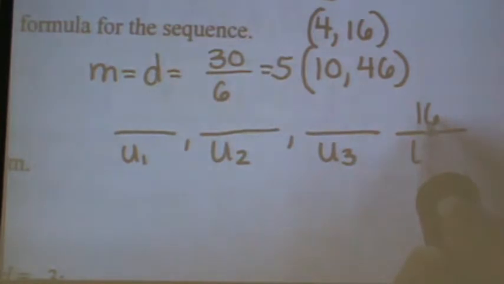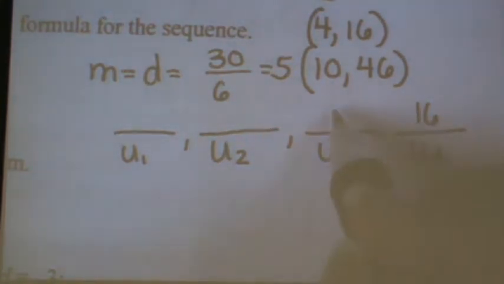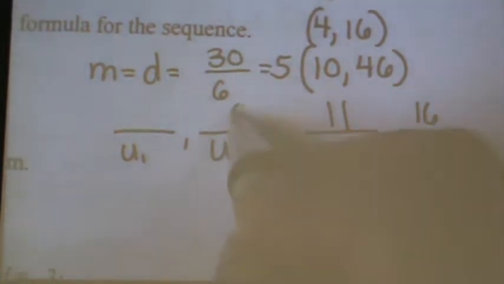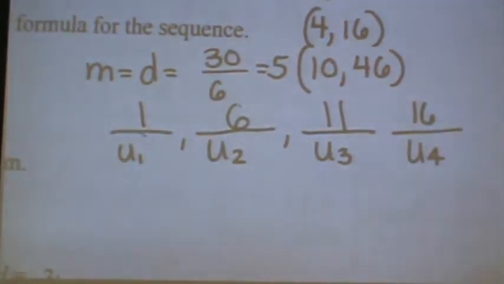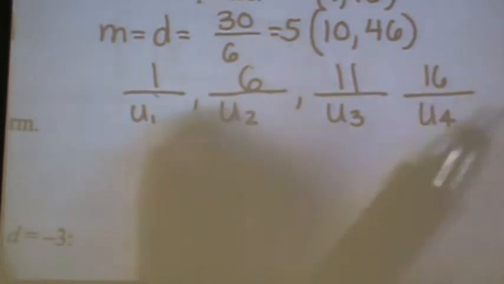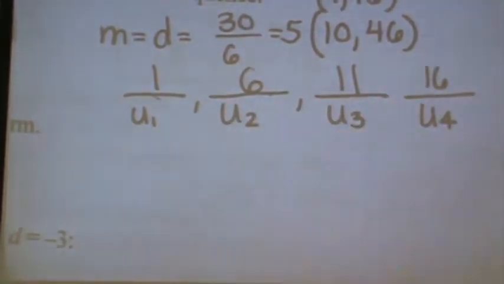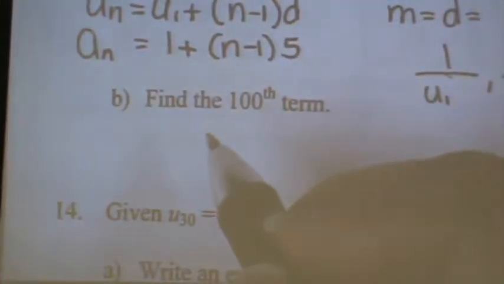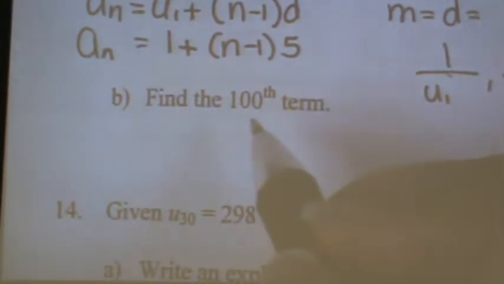So 16 minus 5 is 11. How do you get this term? Subtract 5, you get 6, and subtract 5, you get 1. Now, does this make sense, going from here to here, you add 5? Yep. So the first term is 1, and the D value is 5. So that would probably be the easiest way to find the first term, is to go backwards like that.